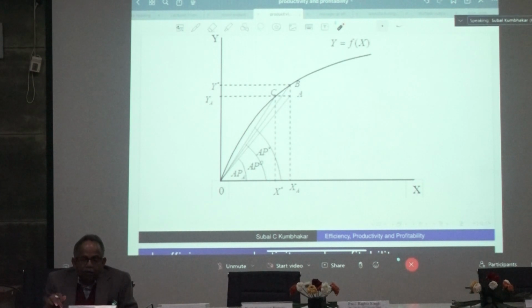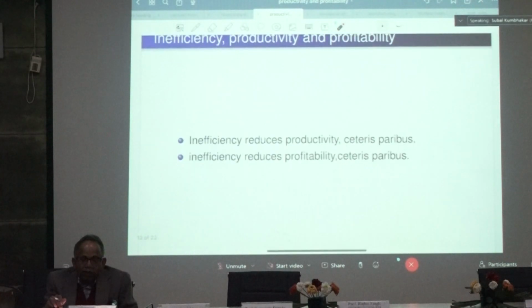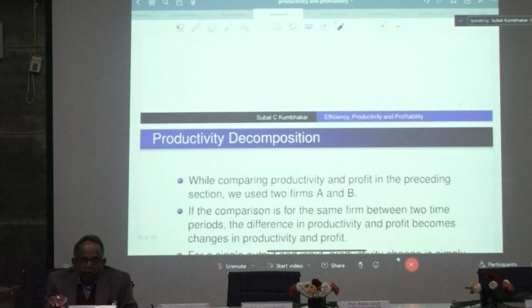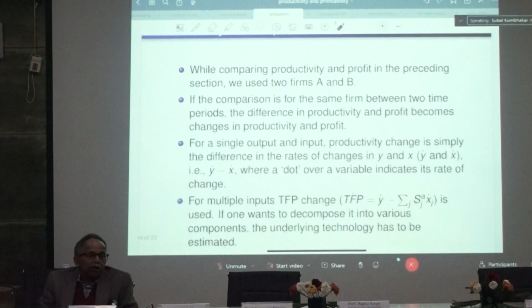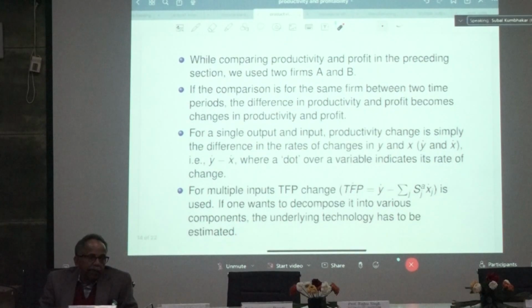Okay, so now let's think of it slightly differently. So far, my discussion was focused on comparing two firms, for example, A and B. Now, instead of comparing between two firms, think of comparing one firm over time.